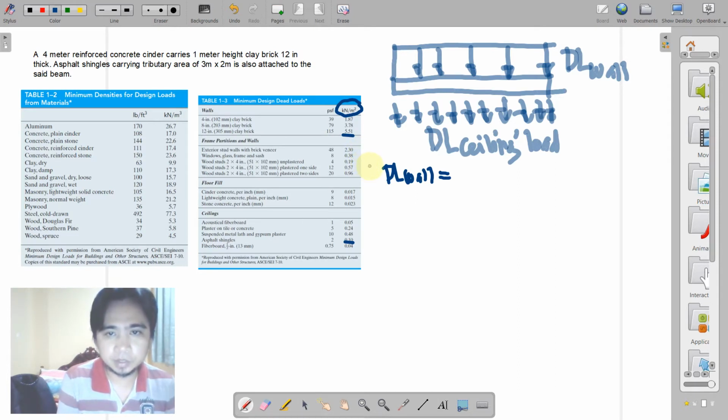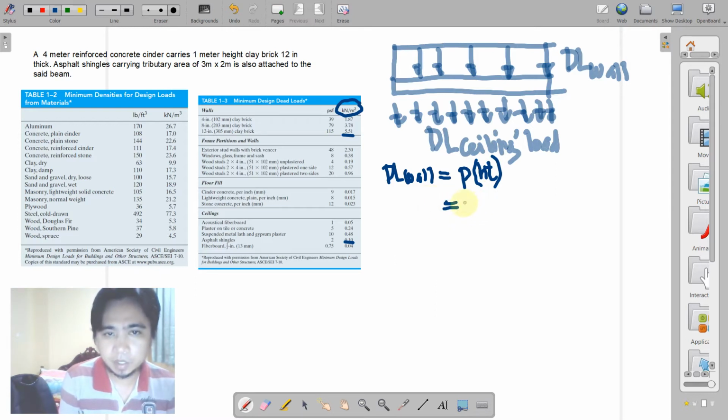So all we need is to multiply this by the equivalent height, as we have learned in the earlier tutorial. The equivalent height is already given.